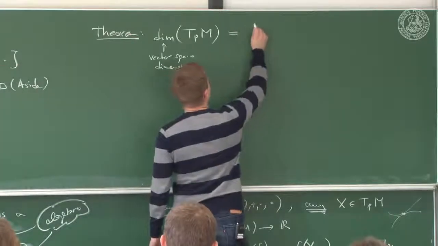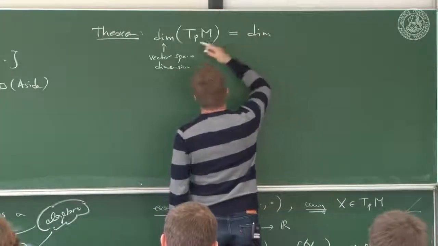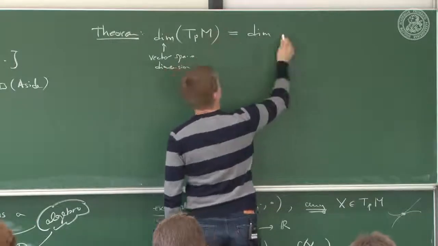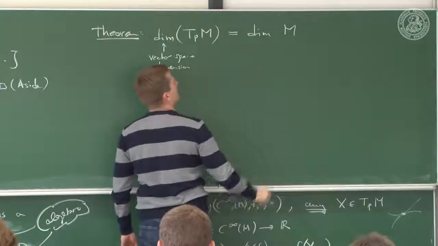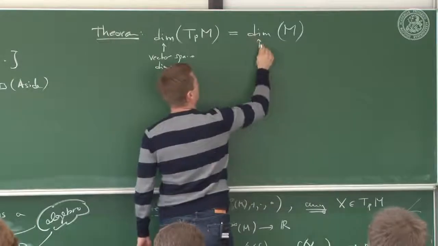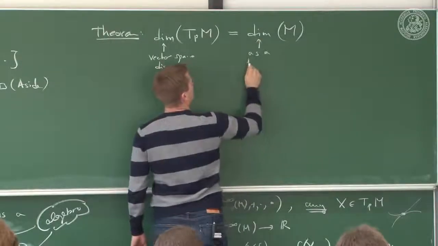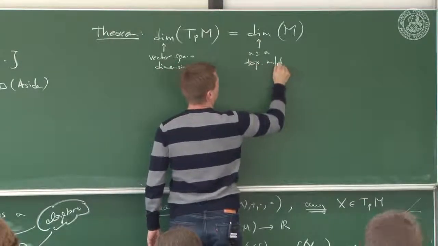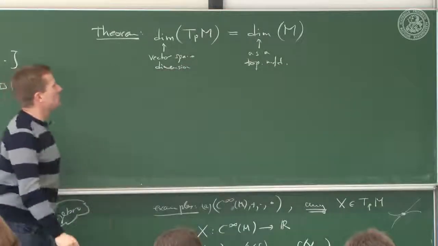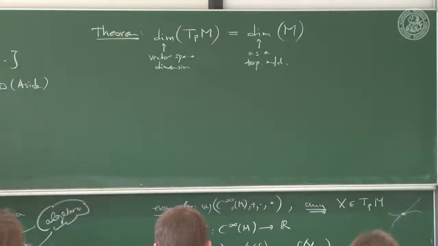Now the theorem is that the dimension of the tangent space as a vector space equals the dimension of the manifold as a topological manifold. These are two entirely different notions of dimension, right? A vector space dimension has technically nothing to do with a manifold dimension.